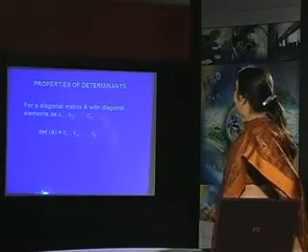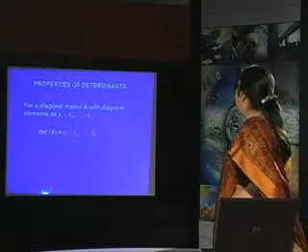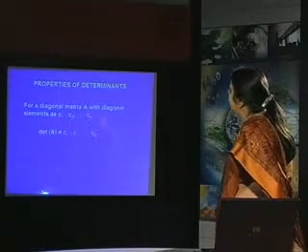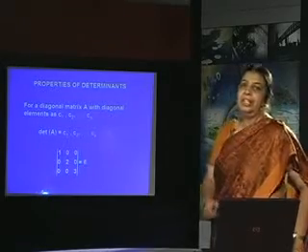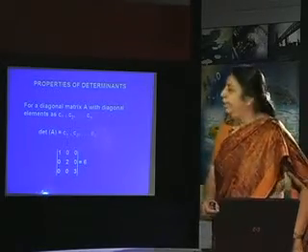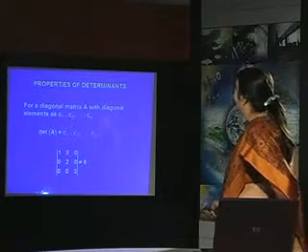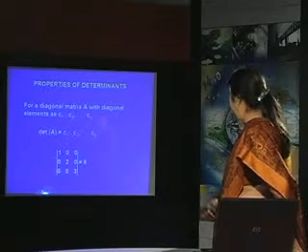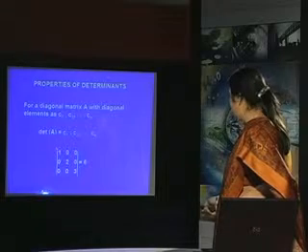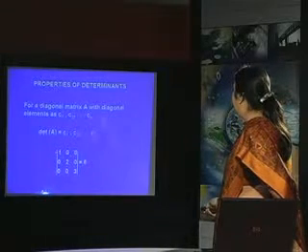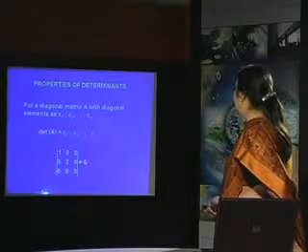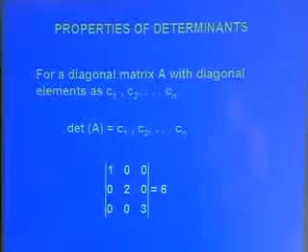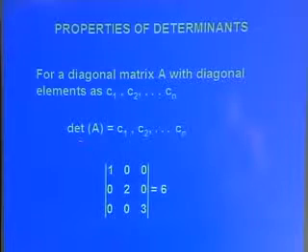The determinant of A in that case will be c1, c2, cn, because this is true from the result which we discussed in my first property. So, for this diagonal matrix, its determinant will be 1 times 2 times 3, that is 6. We simply multiply the diagonal elements and that will be the value of the determinant.